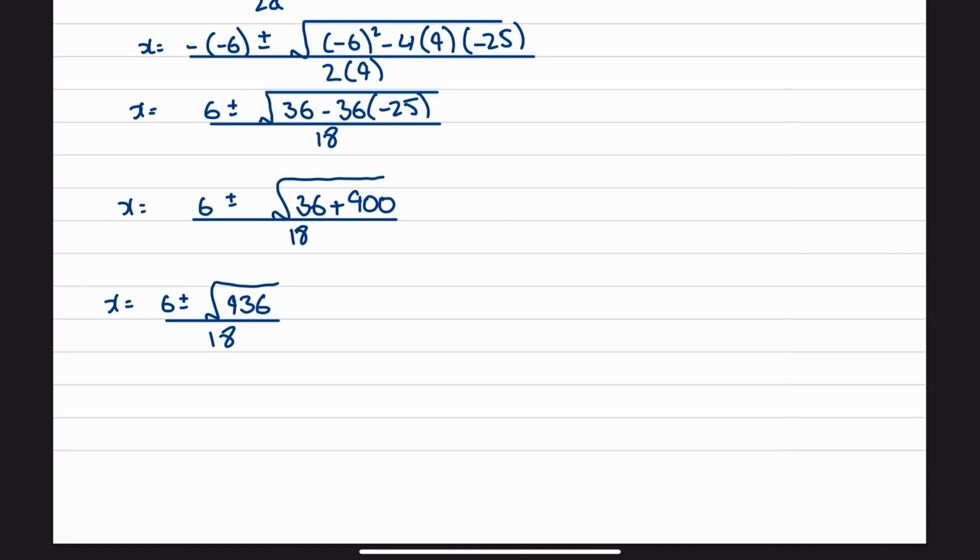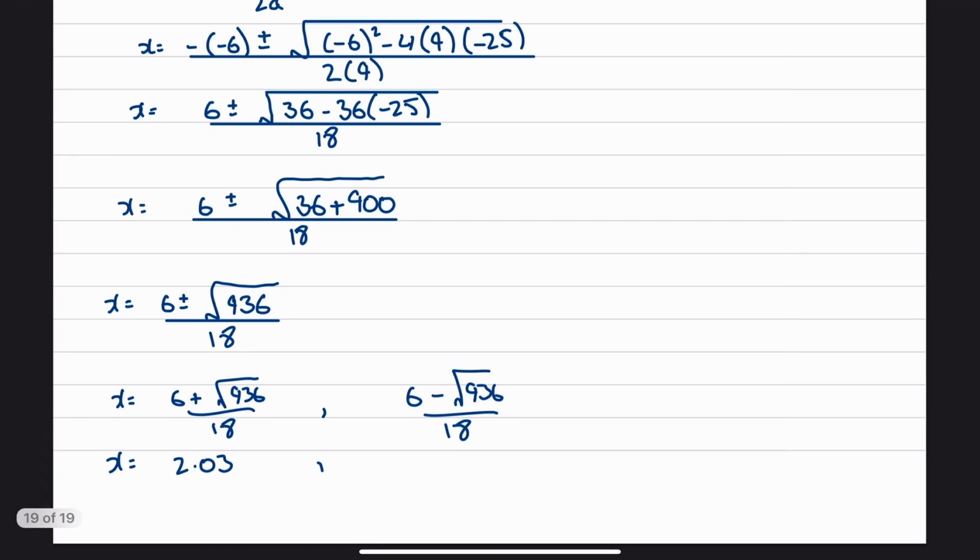So let's just solve them as decimals. 6 plus under root 936 over 18 is my first answer, and 6 minus under root 936 over 18 is my second answer. So my two answers are 2.03 and negative 1.37.